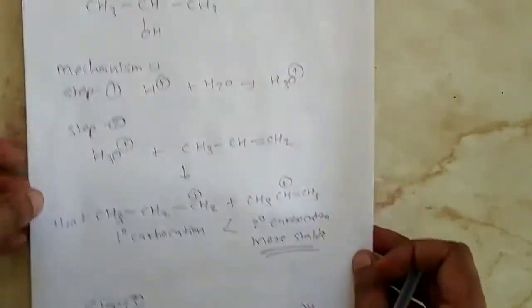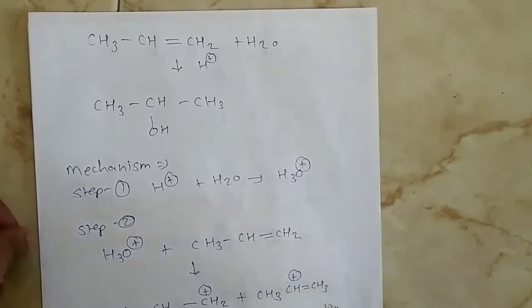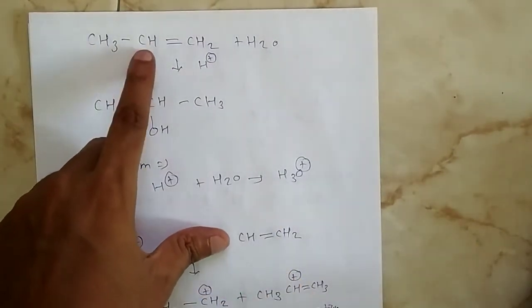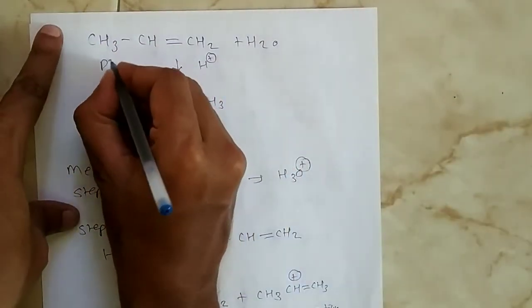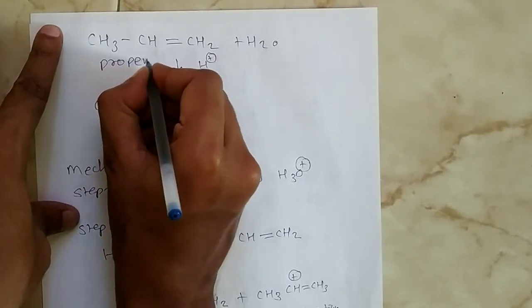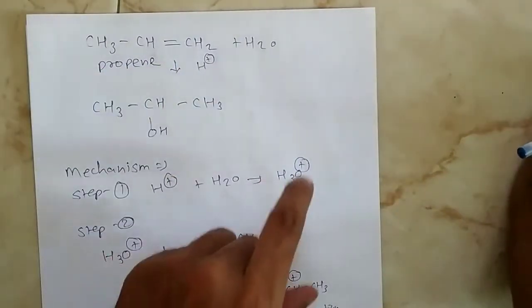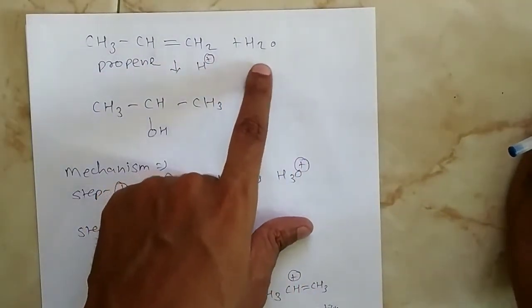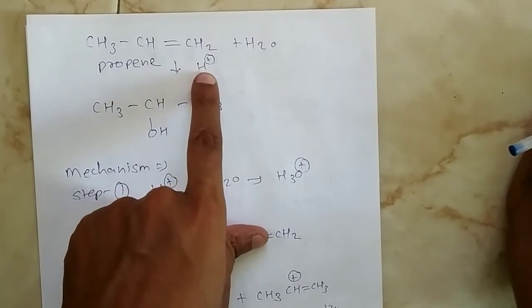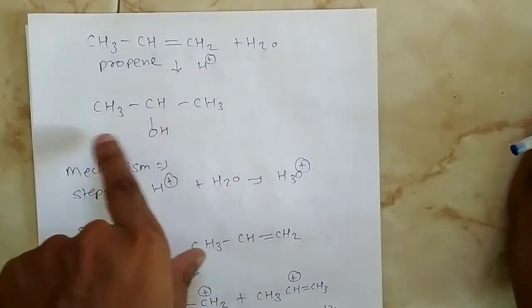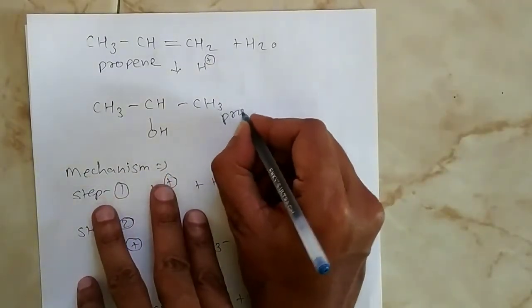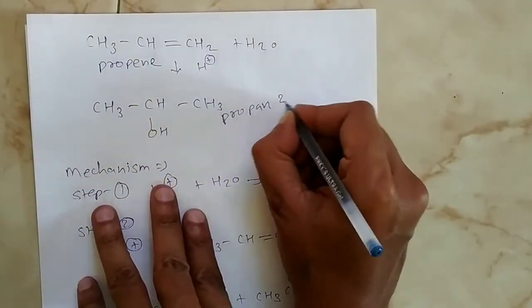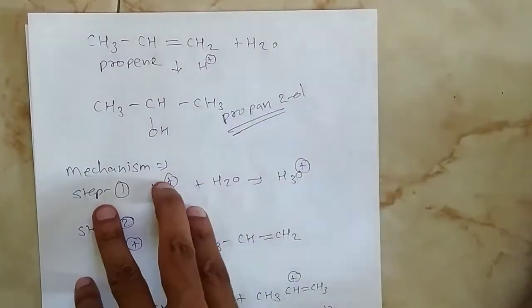Now look at the mechanism. I am taking another example here: CH3CH double bond CH2, so it is propene. When we add H2O to it in presence of H plus, we'll get this product, propan-2-ol.